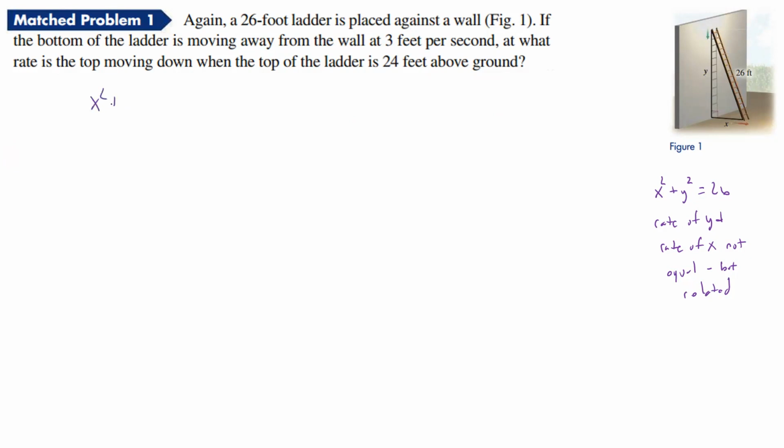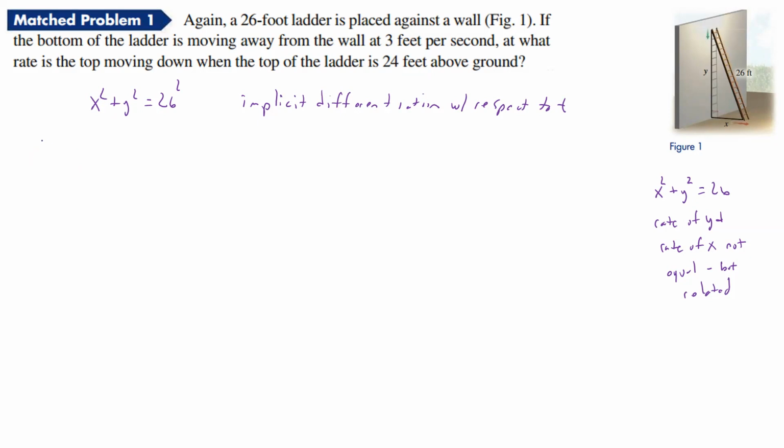So if we start with x squared plus y squared equals 26 squared, we do implicit differentiation with respect to time. Again, the x's and the y's both have a time factor.